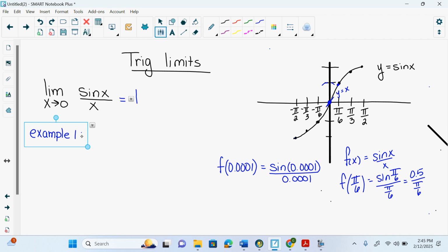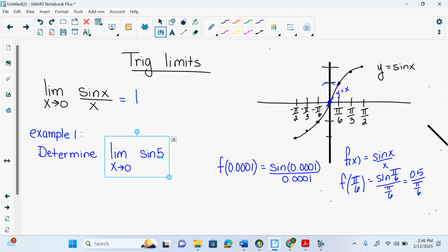I really love when it does the blue boxes. Determine the limit as x approaches 0 of sine 5x over 4x.